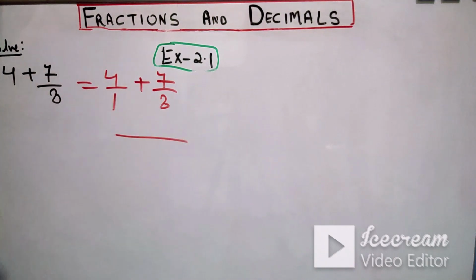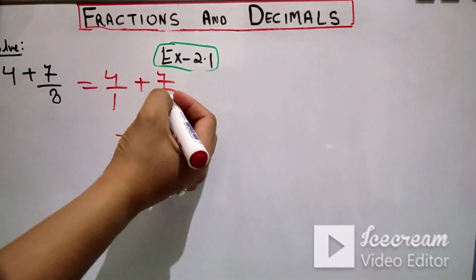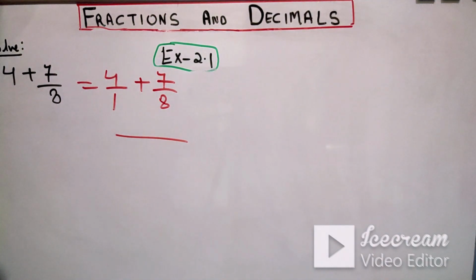Now we know that when we multiply 1 by any number, we get the number itself. So whenever there is the LCM of 1 and any other number, the LCM will always be that number other than 1. If both are 1, then there wouldn't be any need to take the LCM.